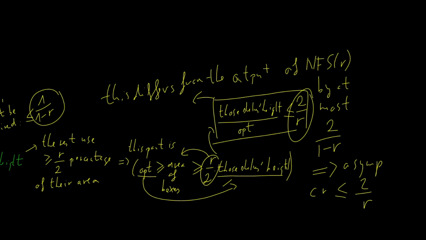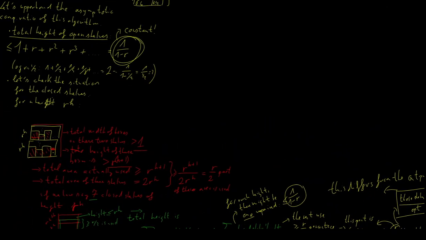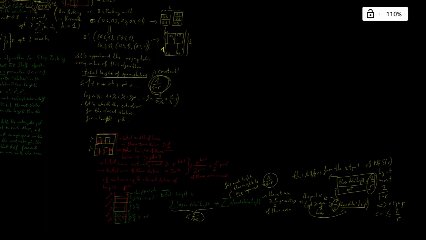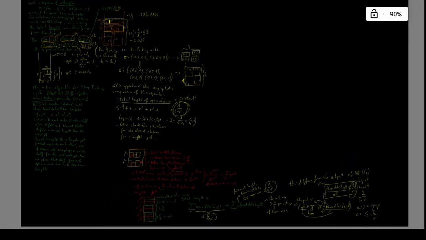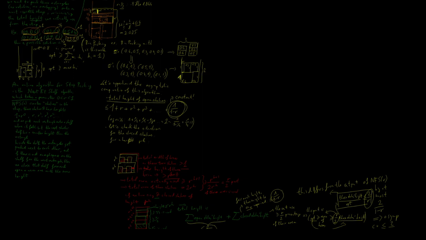Then it doesn't really matter that we are just adding or subtracting a constant to the denominator. So the asymptotic competitive ratio of the next fit shelf algorithm is at most 2 over r.